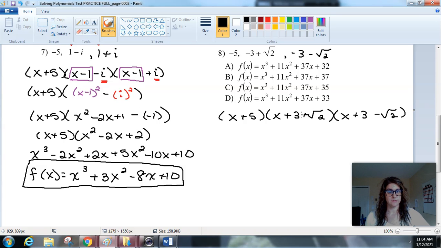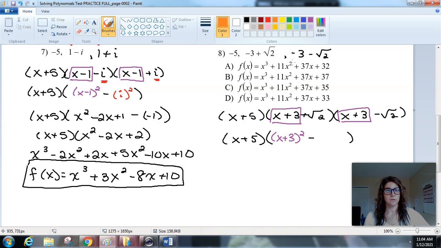Okay, so I have 1 plus and 1 minus. I'm going to do the same grouping that I did with the previous problem. So the x plus 3's get grouped together because they're identical. And then I'm going to group together the radical 2's on their end because they're identical.